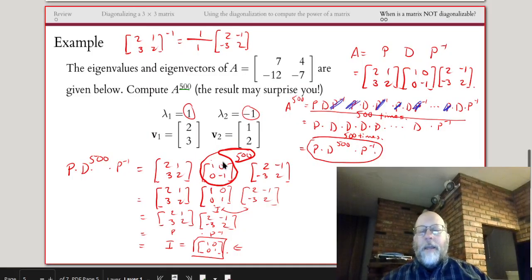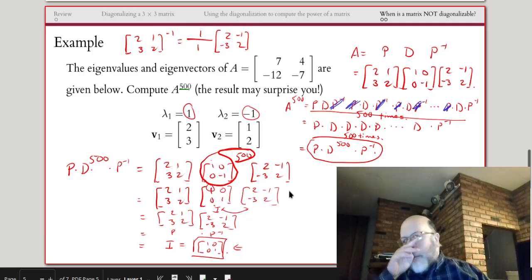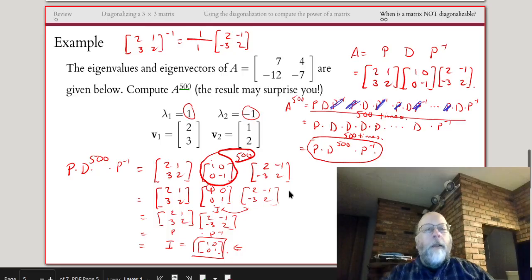And 1 and -1 scale very easily, but if this was a 2, we would have to calculate the gigantic number 2 to the 500, and that would be right here in this calculation. Then we'd actually have to multiply this out, and we'd get a very large answer. But we know how to calculate that. All right, let's move on.